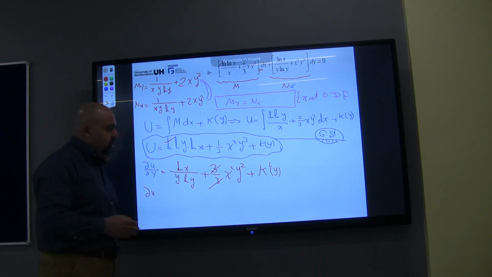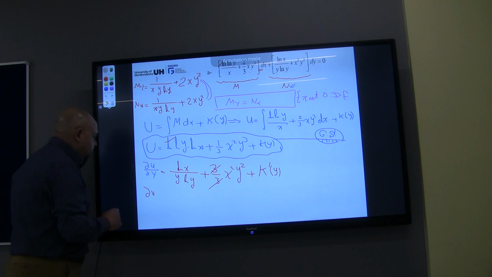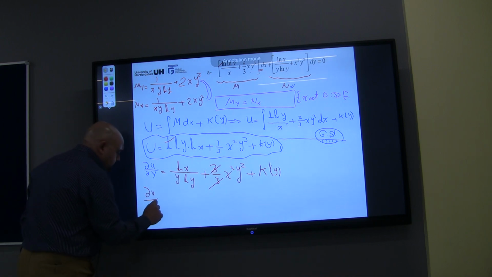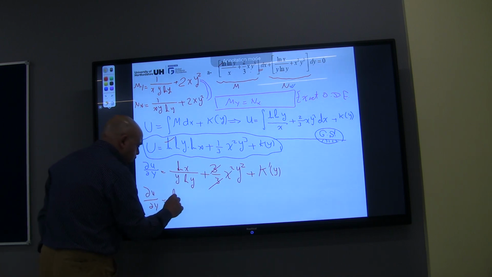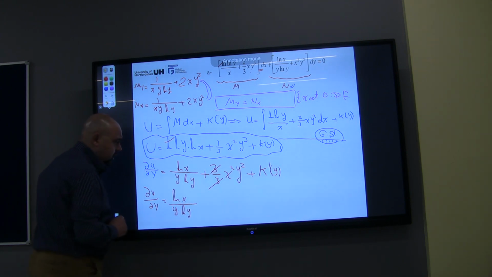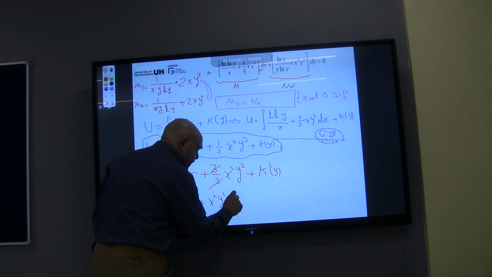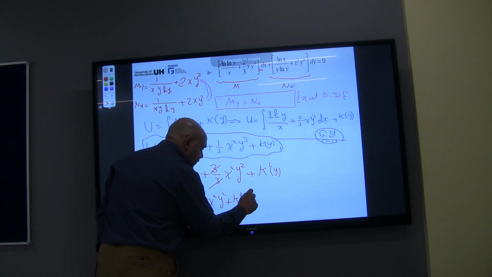Because k of y is a function of y, once you differentiate with respect to y, it's going to be k dash. At the time being, we can say that partial u, partial y, is going to equal ln x divided by y times ln y, plus x squared y squared, plus k dash of y.